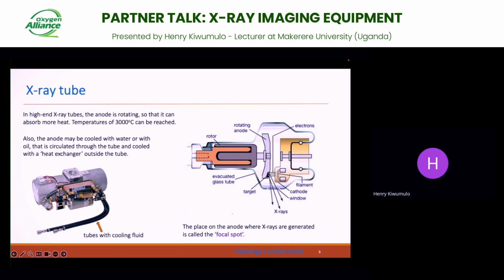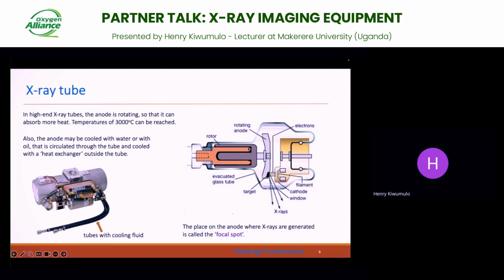As they flow, they hit what we call a target or focus spot. It's a very small percentage, something like 1% or less, that comes out as X-rays, but the rest is converted into heat. As these X-rays come out, they pass through a window, and then get to the collimator and then to the patient of interest.